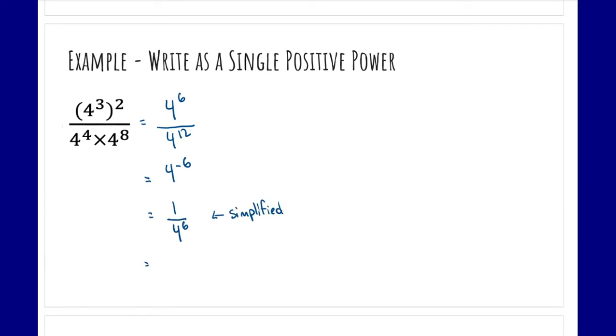And then if for some reason we are asked to evaluate, that's finding the actual answer. So we get 1 over 4096. And generally speaking, we would probably be asked to evaluate as a fraction. So we want our final answer in a fraction. So we're not going to type into our calculator 1 divided by 4 to the power of 6 and get a large decimal number.